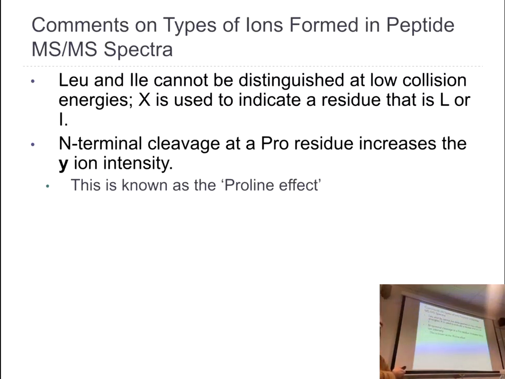So if you sequence and you come across a leucine or isoleucine, you can just put that, or you can put an X. And also, people have observed the fragmentation of thousands of peptides, and cleavage N-terminal to a proline residue usually increases the Y-ion intensity. They've called this the proline effect. We'll come into the really exciting bit in a minute.